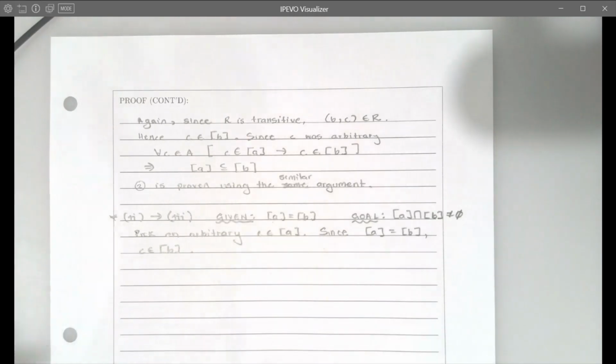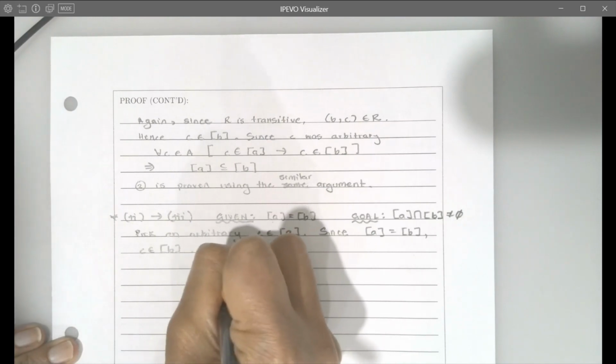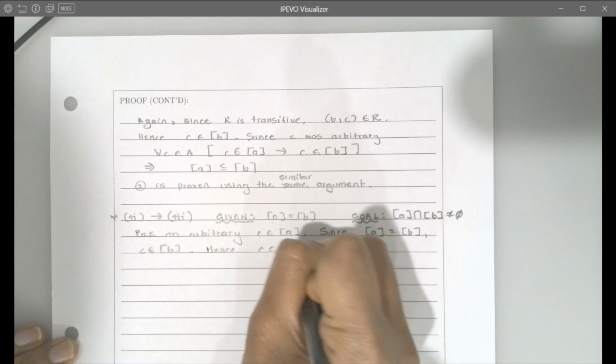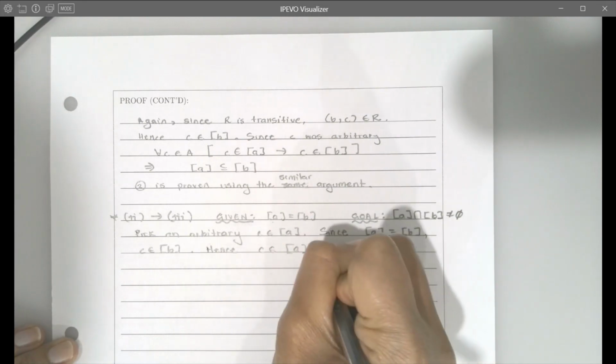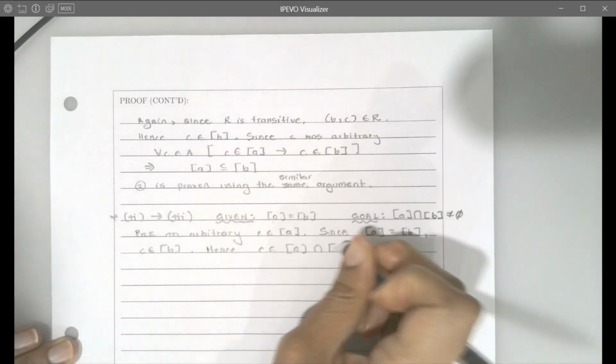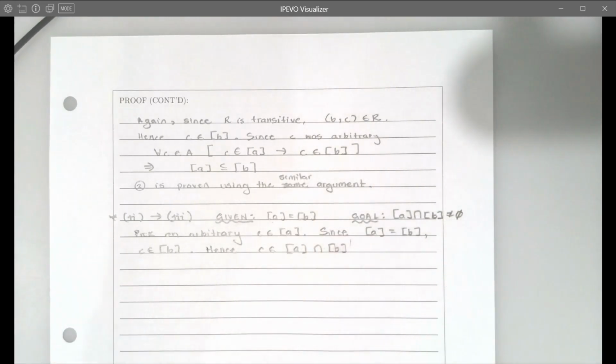Well, that means that the intersection of the two sets cannot be empty, because C is in the intersection. So since that is the case, it follows that the intersection of A and B is non-empty.